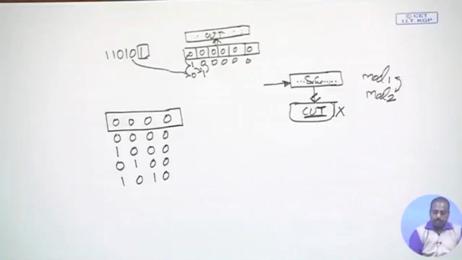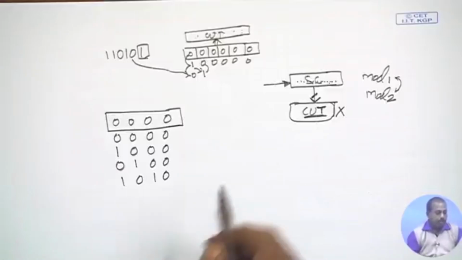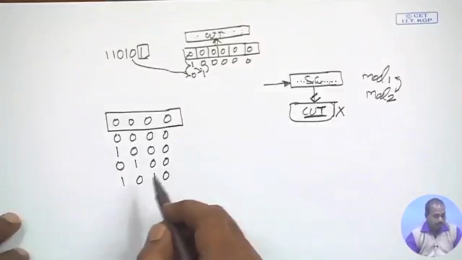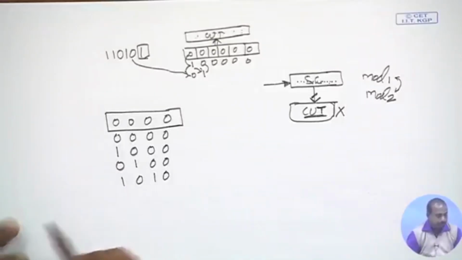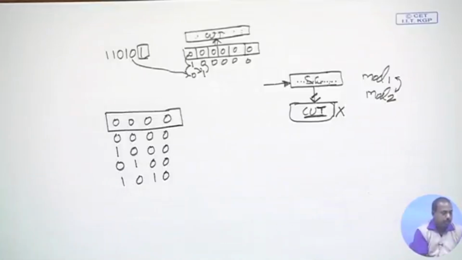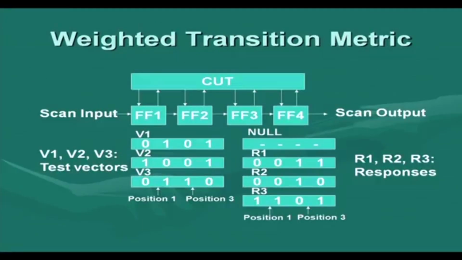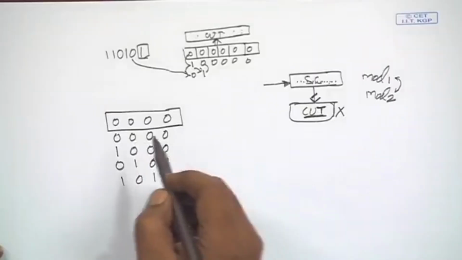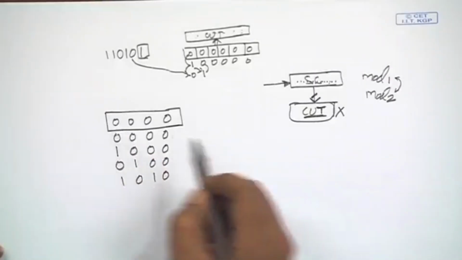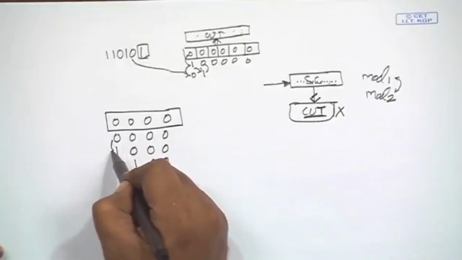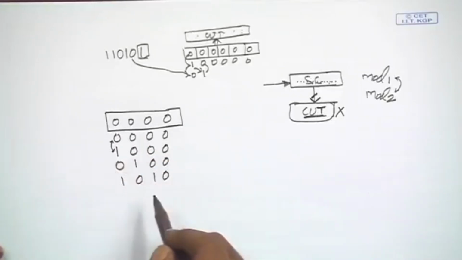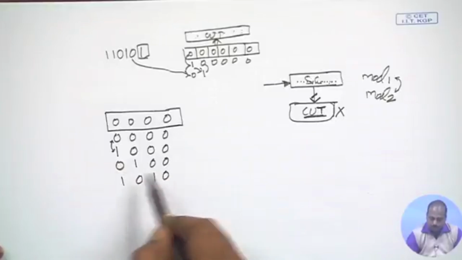Now, you see that the original test vector was 0 1 0 1. Now, you see that this particular transition, this 0 to 1 transition, has gone to how many places?